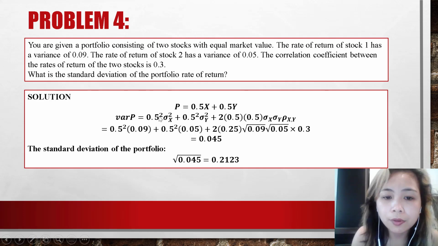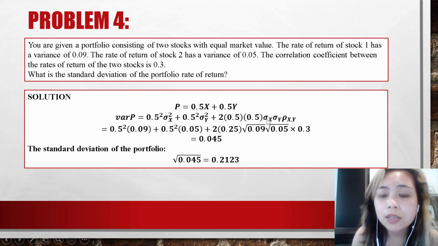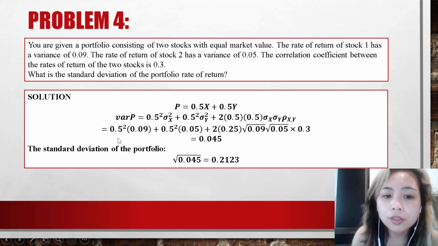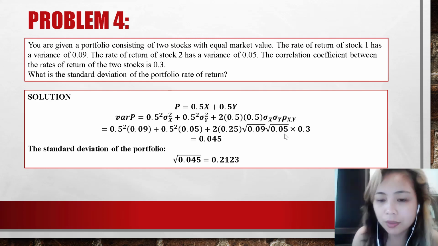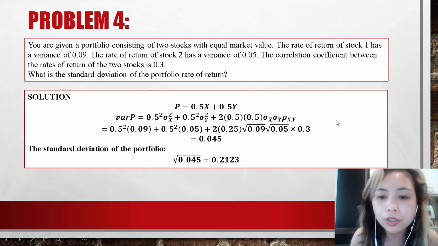We got 0.5 squared times variance of X plus 0.5 squared times variance of Y plus 2 times 0.5 times 0.5 times the standard deviation of X times the standard deviation of Y times the correlation coefficient between X and Y. So it should be 0.5 squared times 0.09 plus 0.5 squared times 0.05 plus 2 times 0.25 times square root of 0.09, because 0.09 is the variance, not the standard deviation, times square root of 0.05, because 0.05 is the variance of stock 2, not the standard deviation, times the correlation coefficient, which is 0.3.